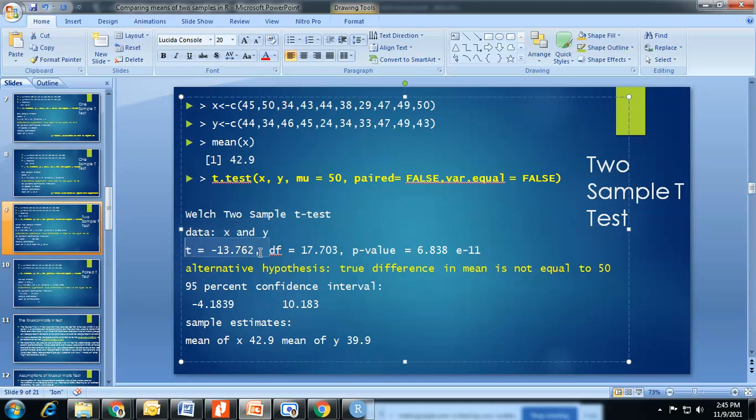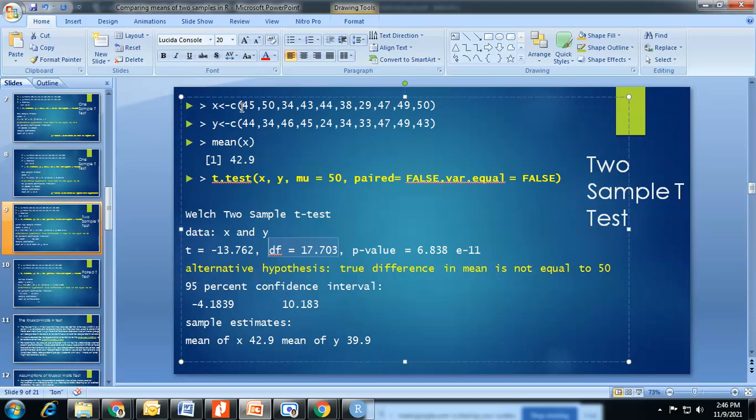Then it gives the t value as minus 13.762. Degree of freedom is 17.703. Now, since it is a two sample test, the number of observations involved in the study is larger, 10 for x and 10 for y, so 20. But whenever it is a two sample t-test, it does not necessarily define your degree of freedom as n minus 1.